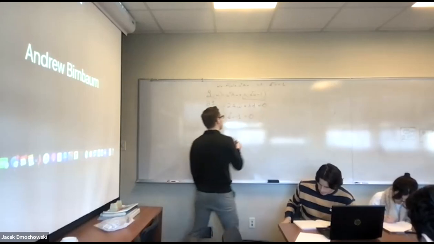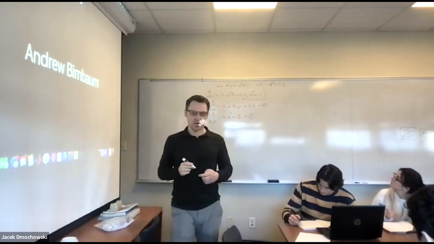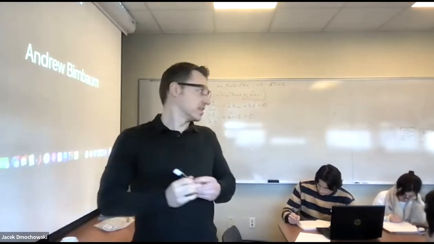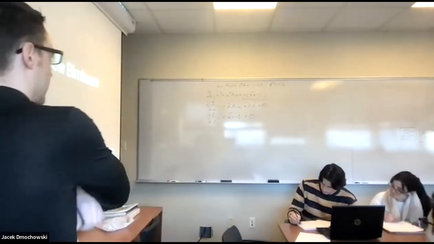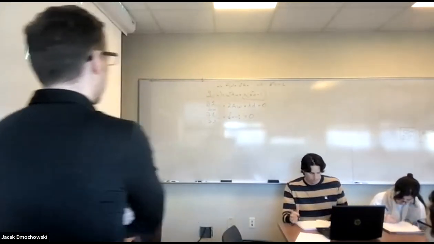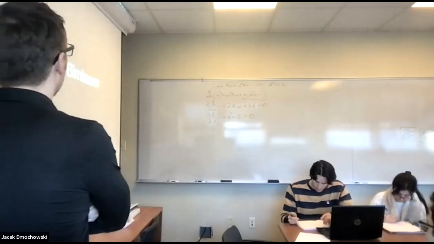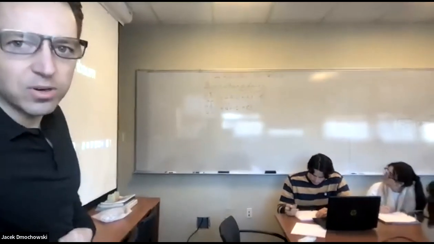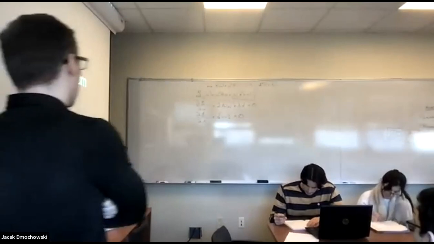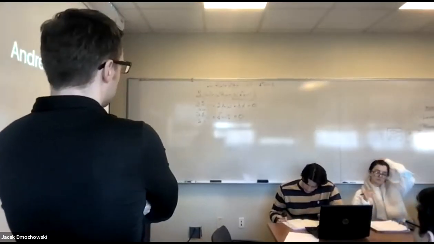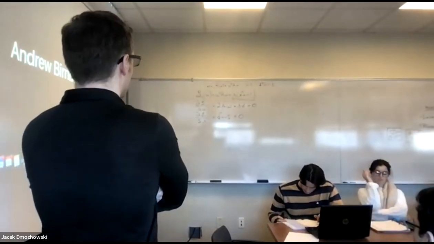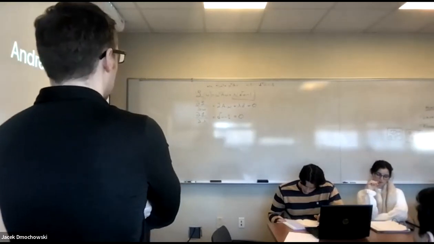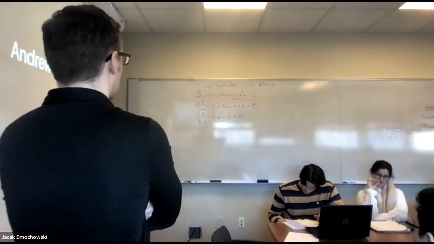I want to use substitution here, right? That's the most fundamental technique for solving. Is the camera on the board? I know. So I want to solve these with substitution. My question is, how do I proceed here?